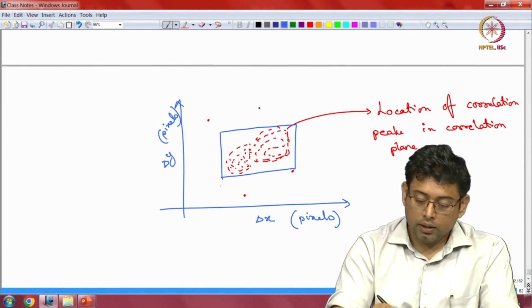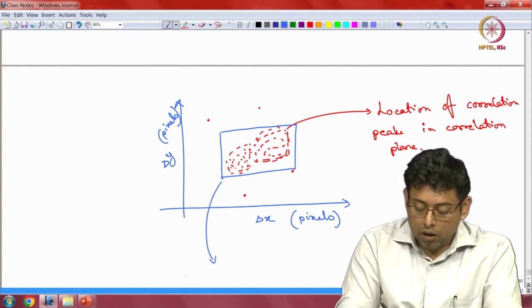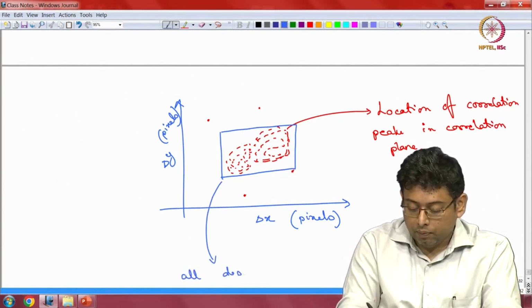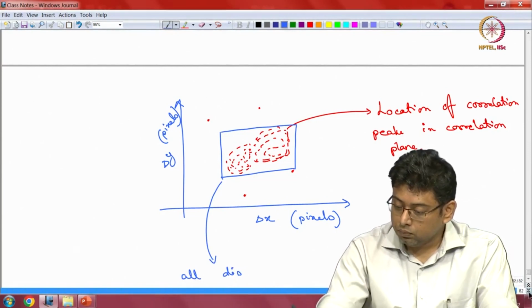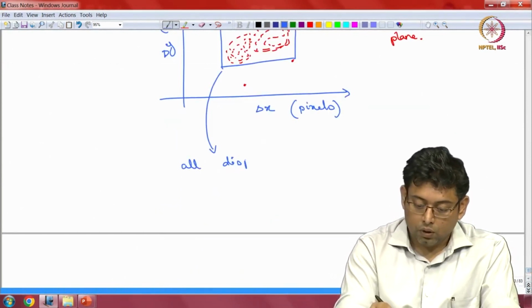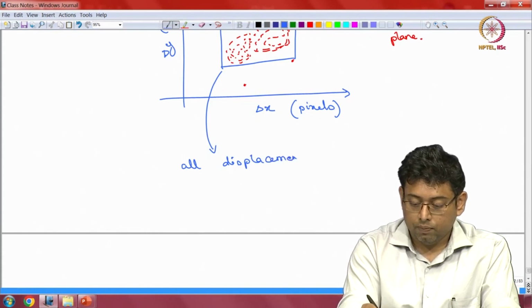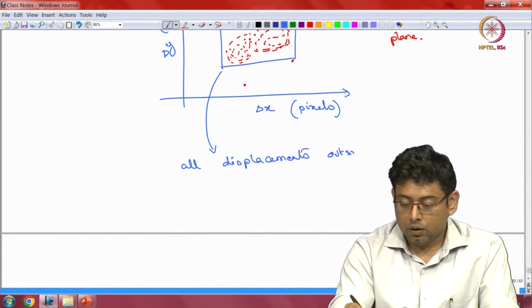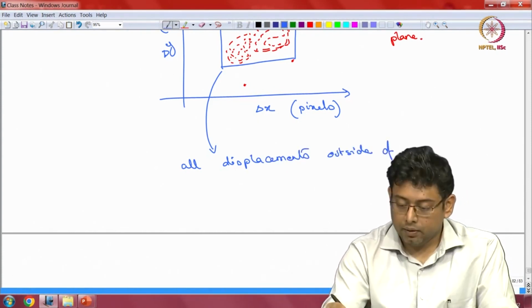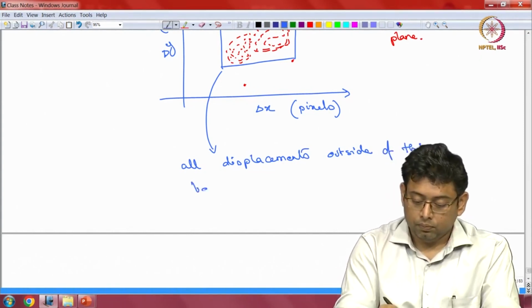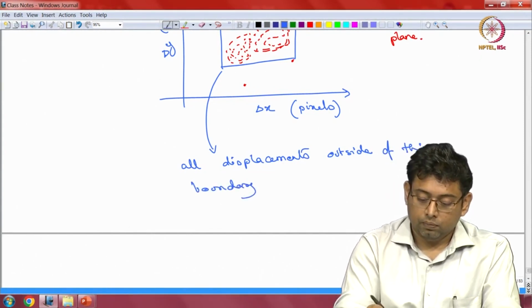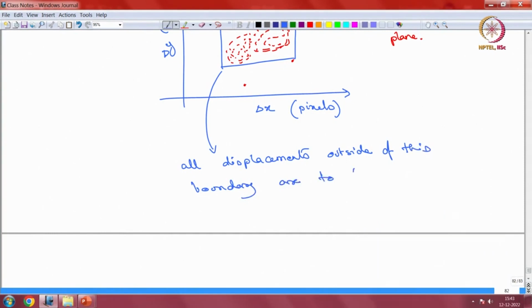So you draw this, so all displacements outside of this boundary are to be rejected. Okay. So this is one way.